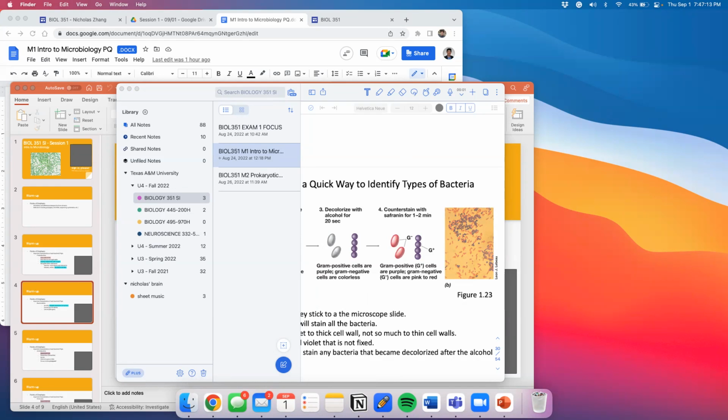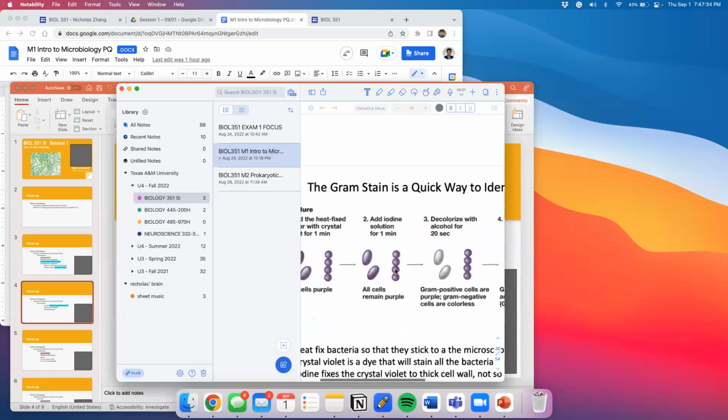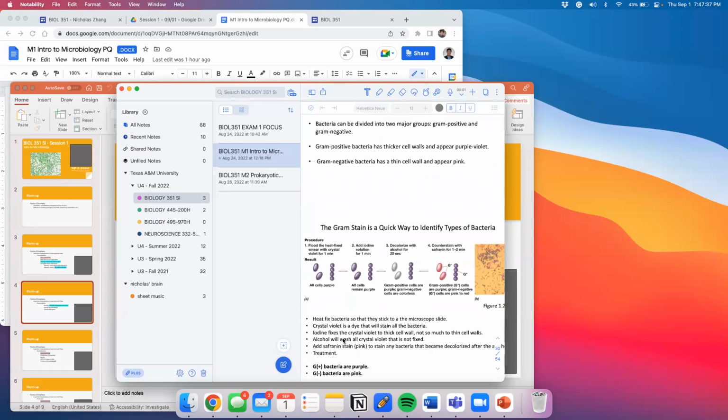So my interpretation was that if you forget the iodine, it'll just wash away because it doesn't fix onto the cell wall. And if we look at this, the role of iodine is not said unless he does it down here.